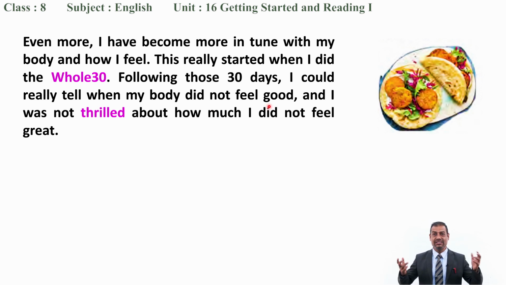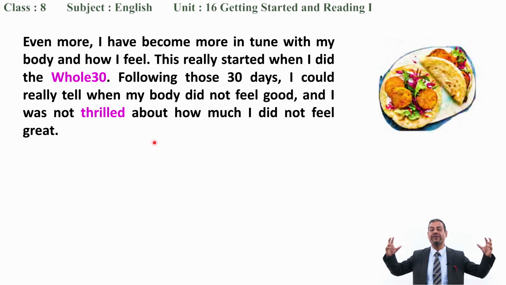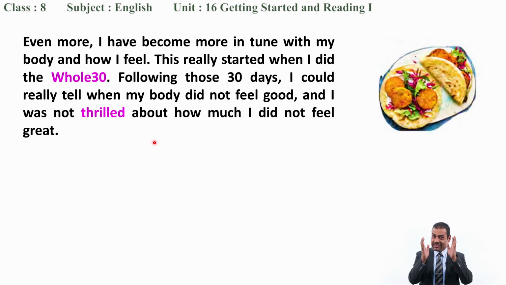See, the body did not feel good. Whose body? Narrator's body. And this is because of all the food items. This is the reason. See, the reasons are given in this way, why the narrator has become a vegan. So are you getting?